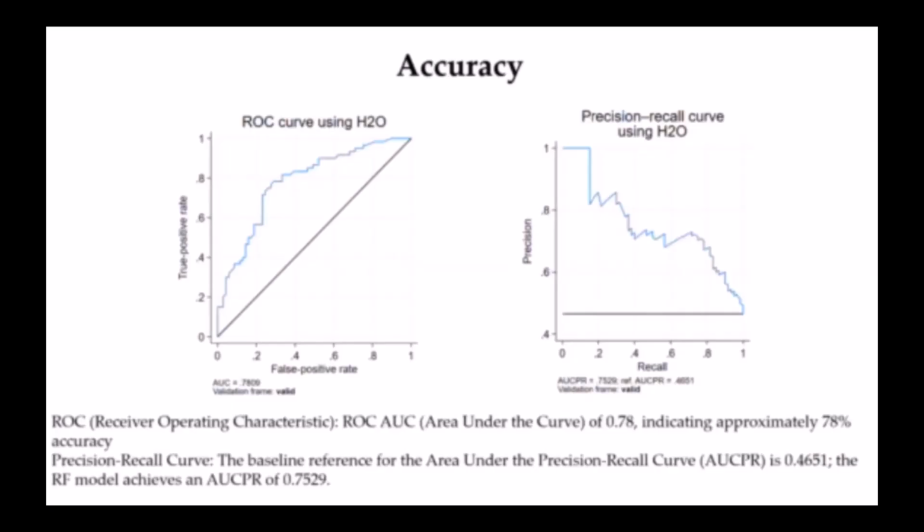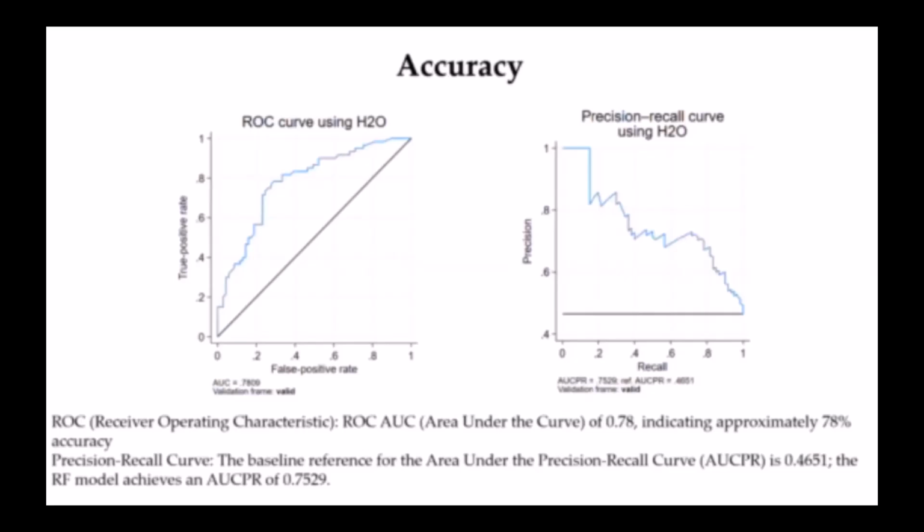Accuracy is more of a post-estimation work. And then the ROC, which you'll see on the left-hand side, is the receiver operating characteristic. The area under the ROC curve, 0.78, is about 80% accuracy, so we have about a 20% error rate.